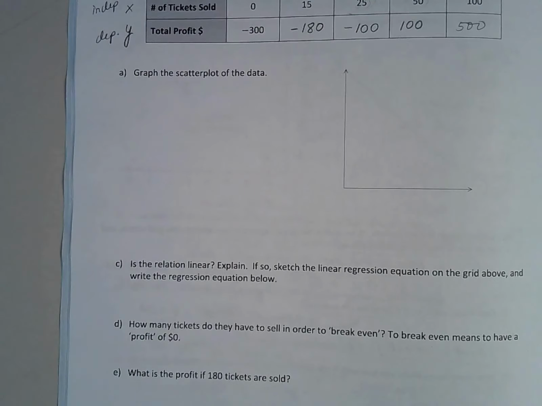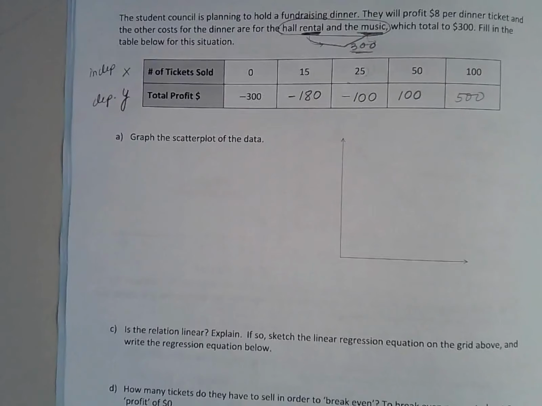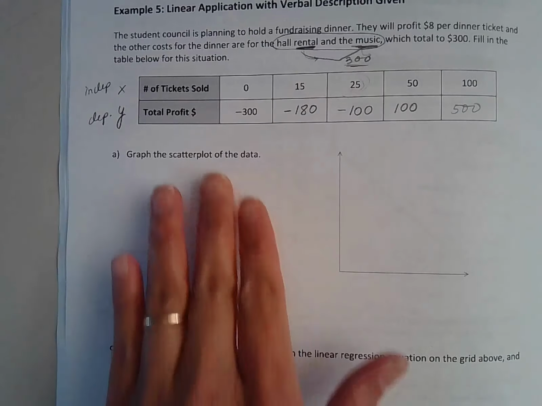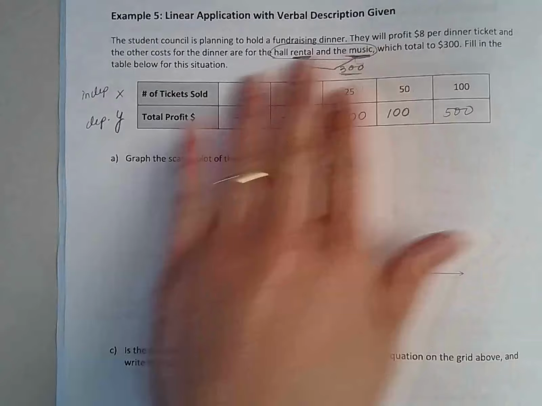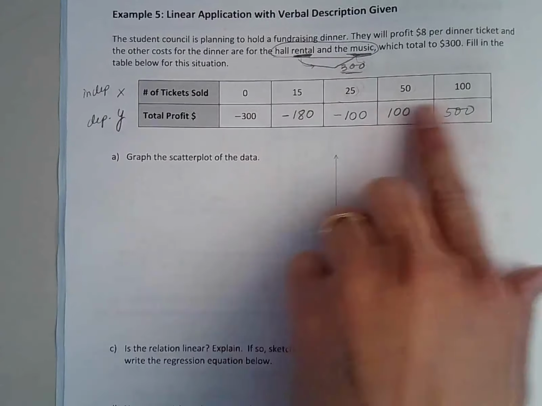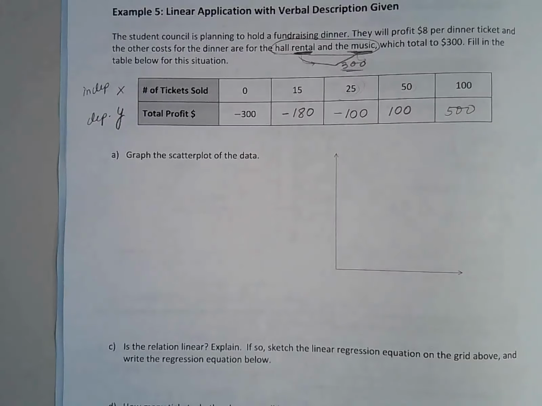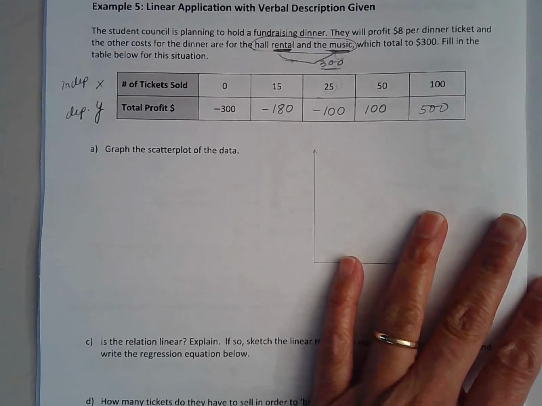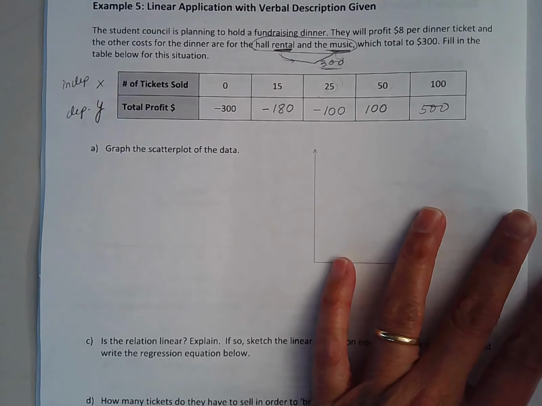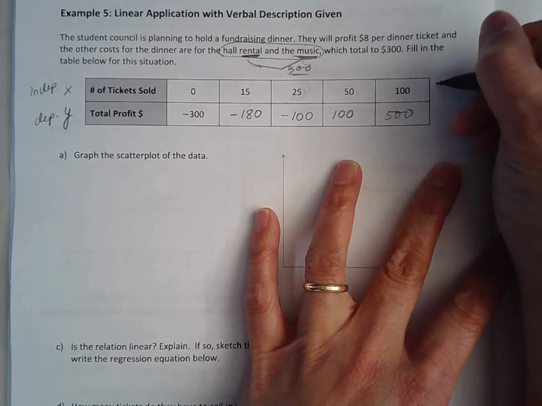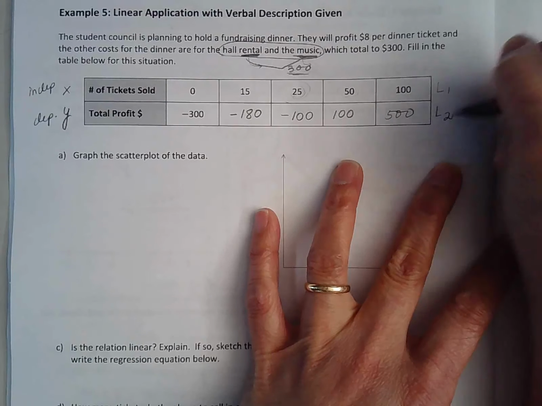So 500. What do we have so far? In this situation, we've generated a table of values. What's missing in here is the regression equation. So this is going to be on L1 and L2.